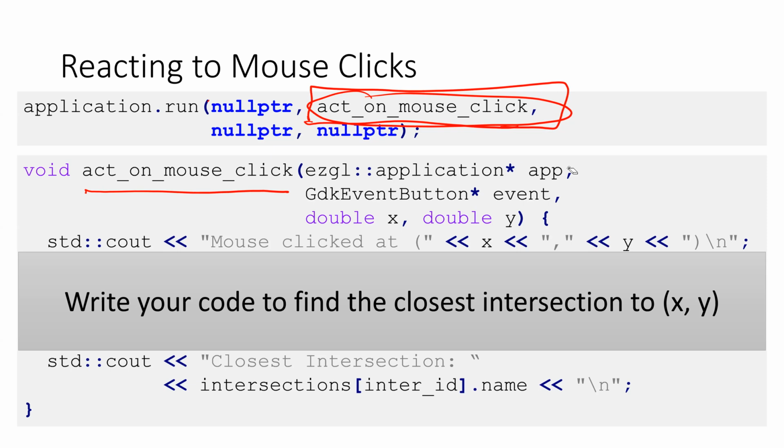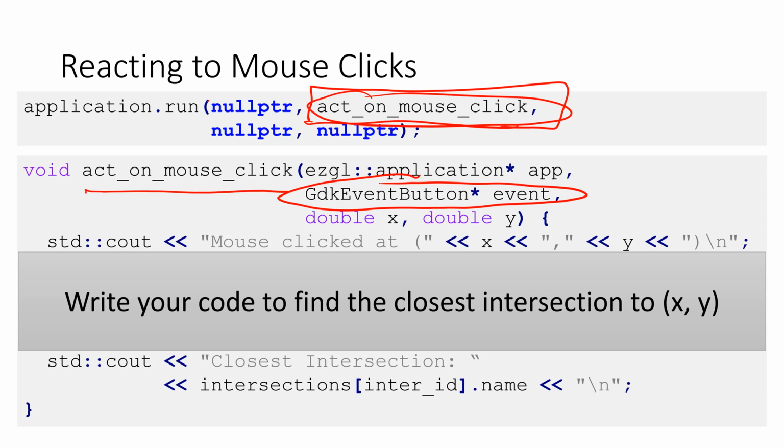The first thing is a pointer to the ece2gl application. That's because often you might want to call some of its members in this callback function, so that's so that you can access it. You might want to get some information on which mouse button was pushed. So you're passed a pointer to an object from the underlying graphics library that allows you to ask questions like, is the left mouse button pushed? Is shift held down? Is the right mouse button pushed?